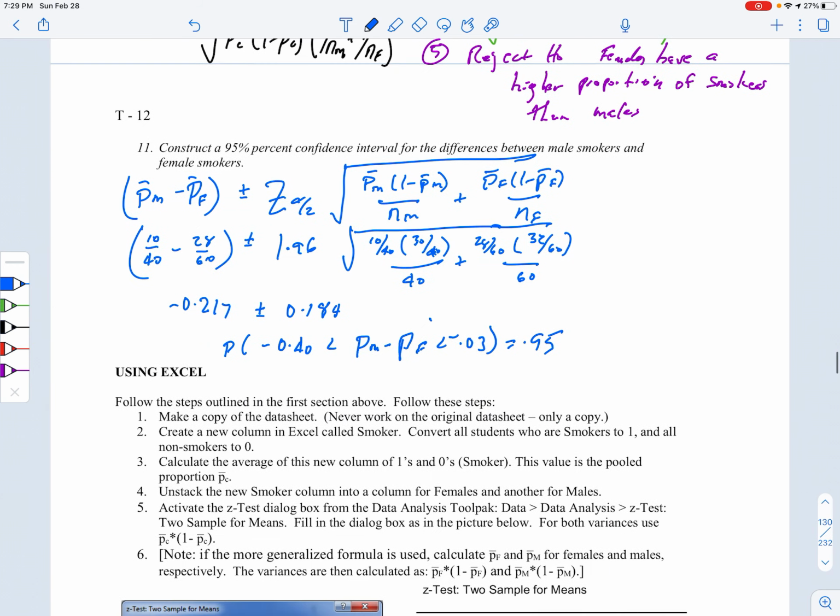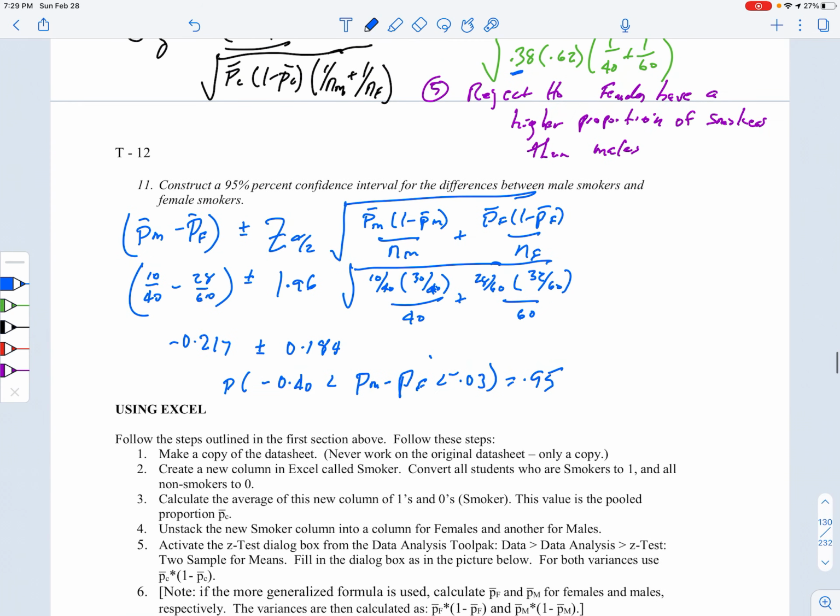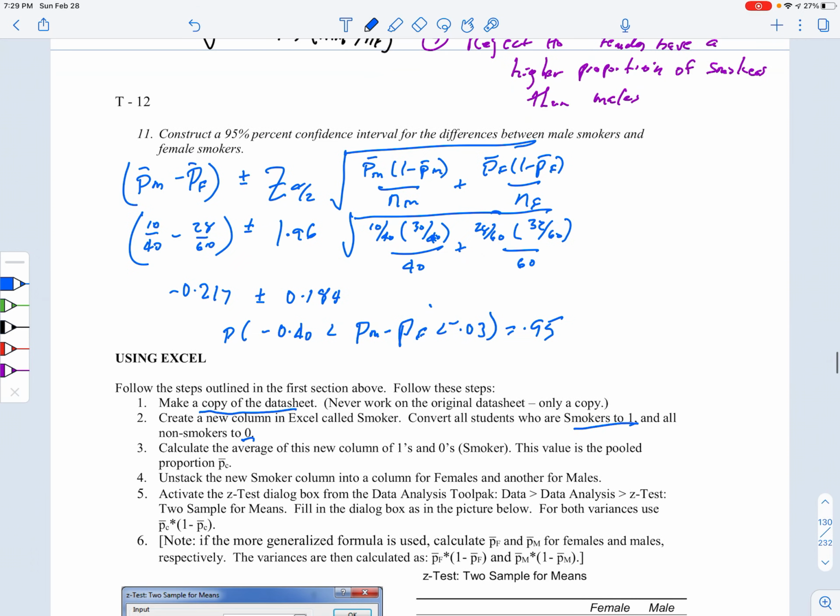Now, let's take a look at Excel. And in Excel, it's a little goofy, because what you need to do here is, obviously, make a copy of the data sheet, and then convert all the students who are smokers to 1 and all the non-smokers to 0. And then you're going to come up with the two columns here for the males and the females.